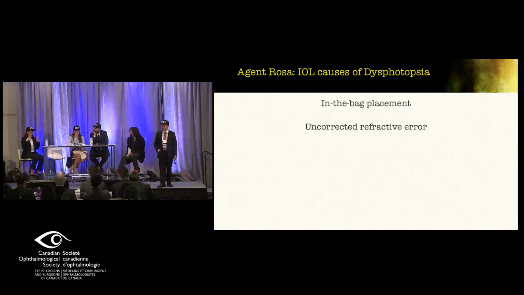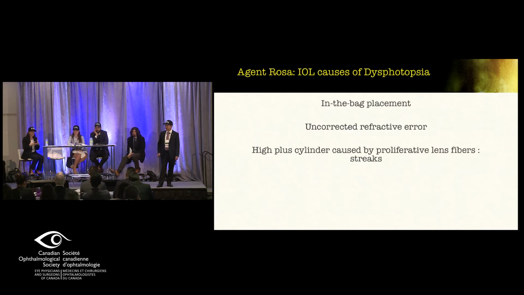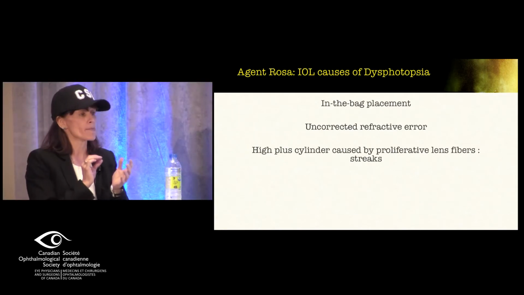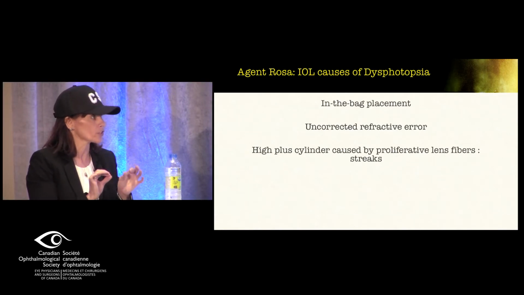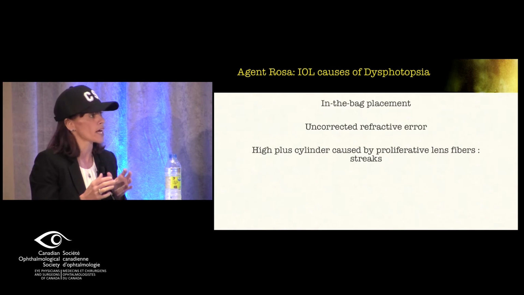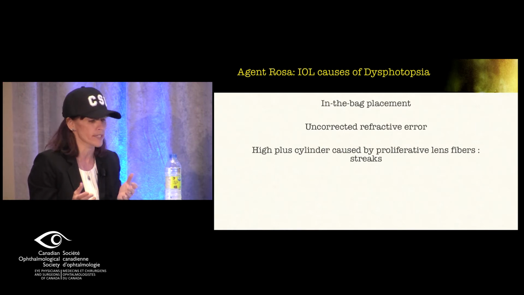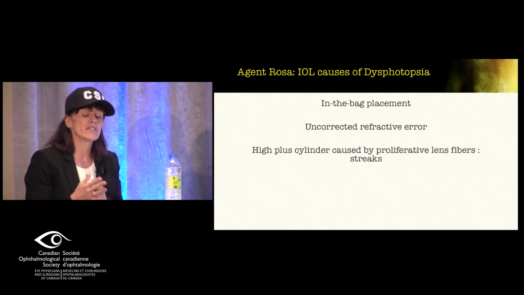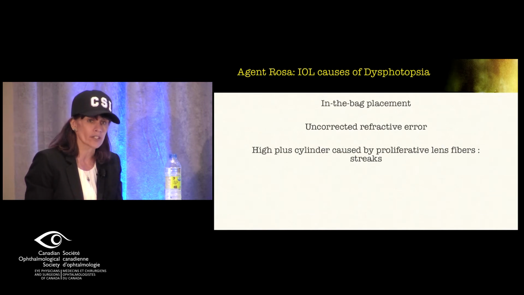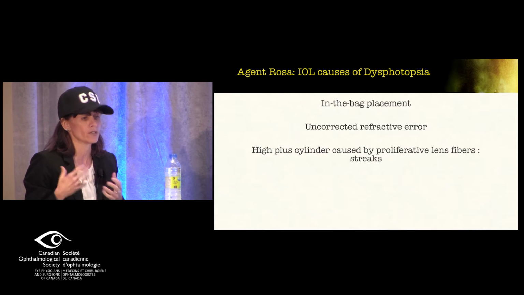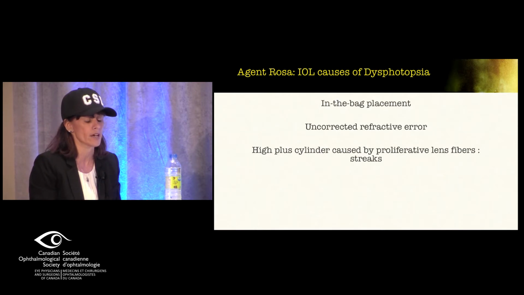So you want to make sure that the IOL is actually in the bag and that there is overlap, and the amount of overlap. That can be very tricky because sometimes too much overlap or too little overlap can cause a dysphotopsia. If they have an uncorrected refractive error, they're more likely to get those positive dysphotopsias that I talked about, the glare and the haloing effects.